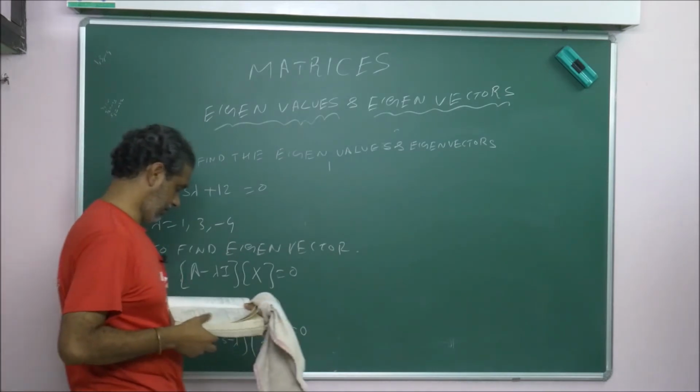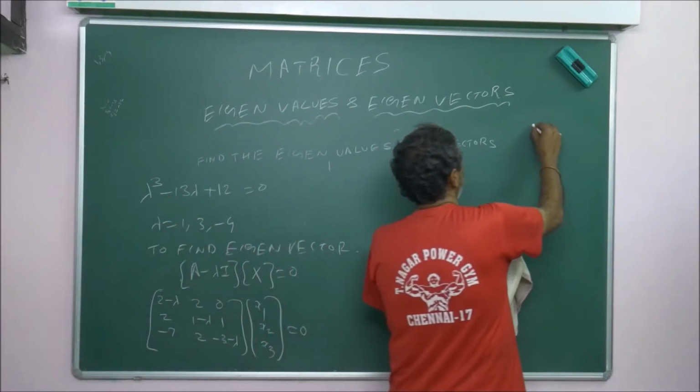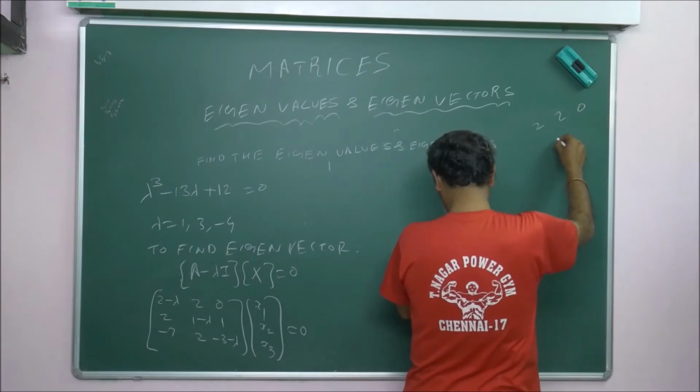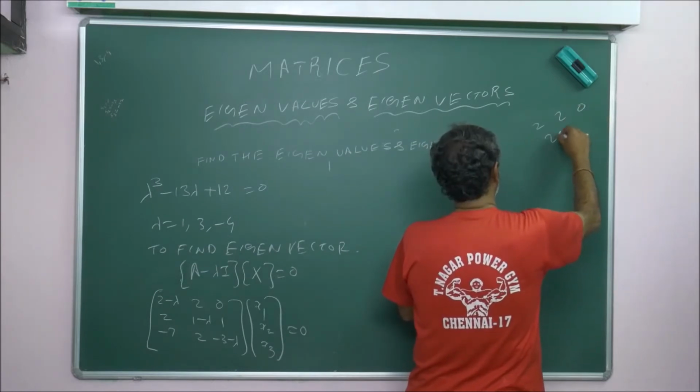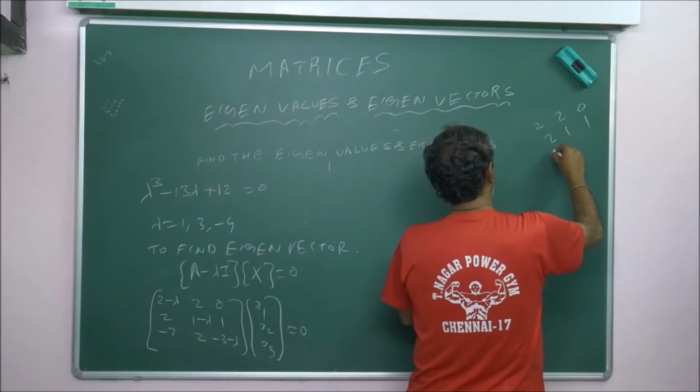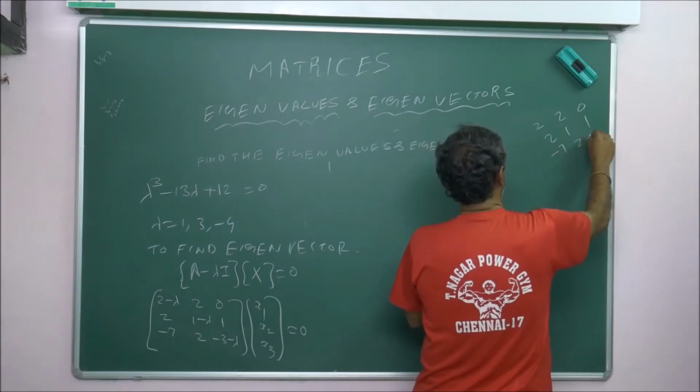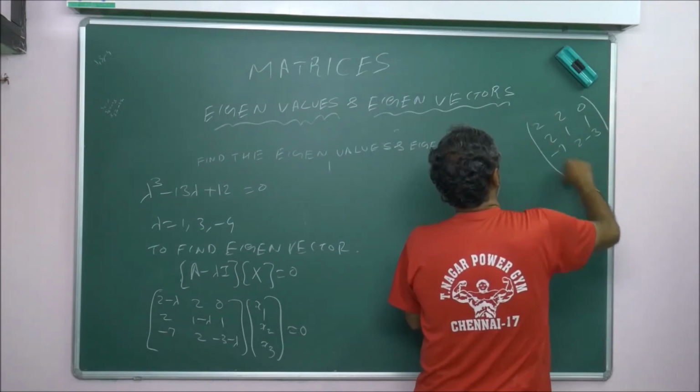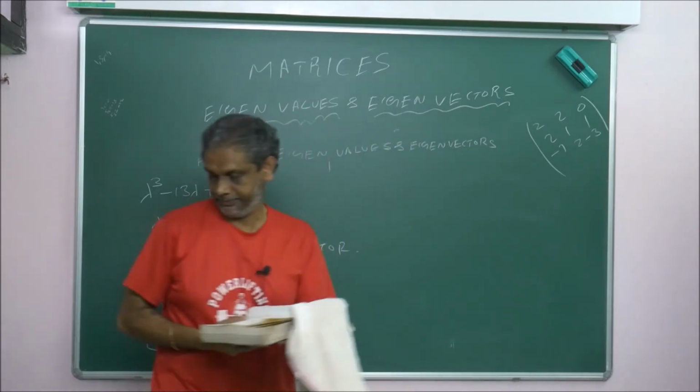Better to keep the matrix 2 2 0; 2 1 1; minus 7 2 minus 3 on one side, I will use it later.